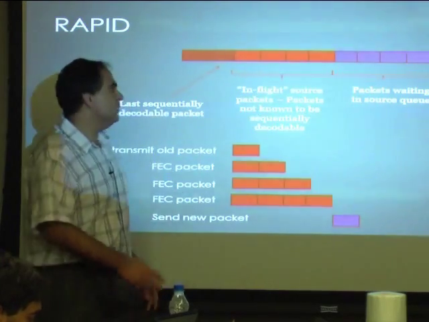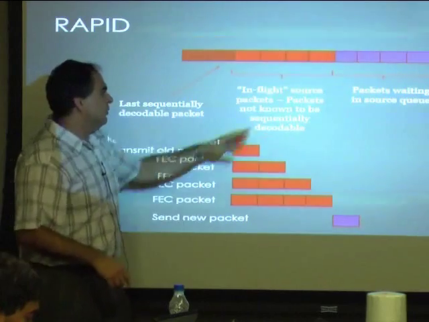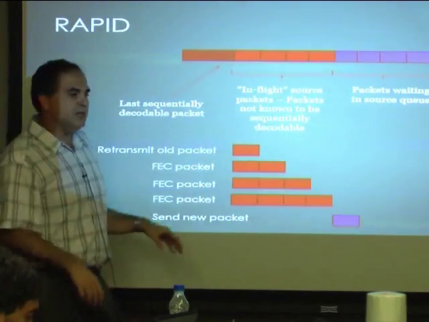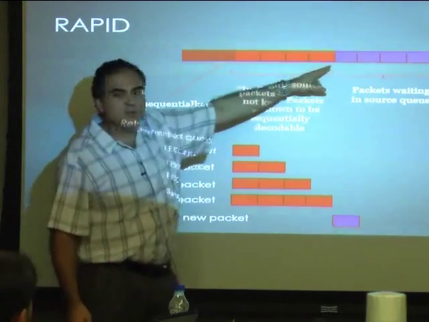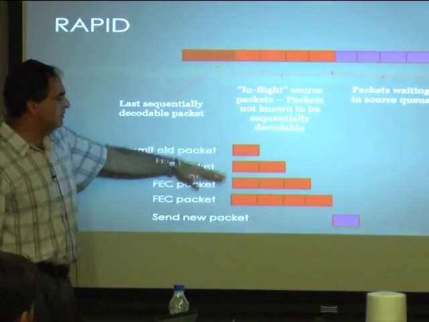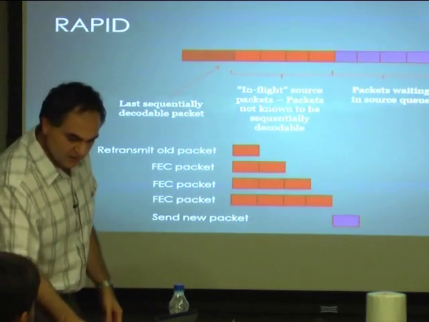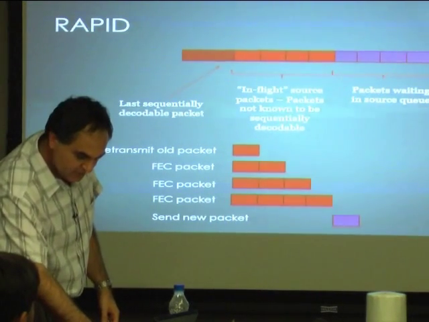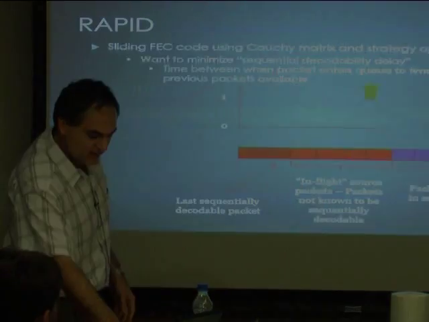You'll never just take these 2 packets, because that is not really the correct thing to do. Or you can send a new packet. So you have a list of choices you can make. So how do we decide which of these choices to take?